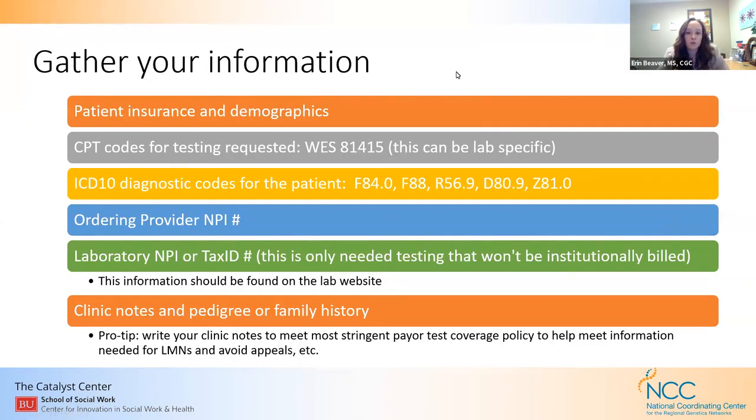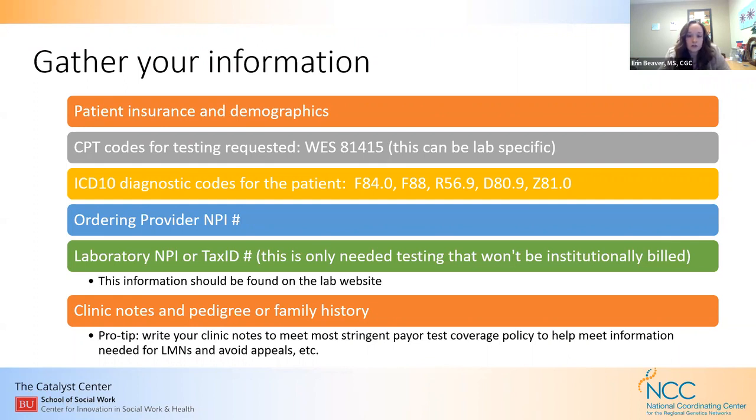And so really for this test, many insurance payers do require prior authorization for an exome sequencing. And what we're going to gather for this patient are his patient demographic and insurance information. We're going to gather the CPT code for whole exome sequencing. These days it's generally 81415, but it can be lab specific, so make sure you look that up. I have provided the diagnostic codes based on the family history and personal history that was described for this case. And I tried to prioritize them best as I could.